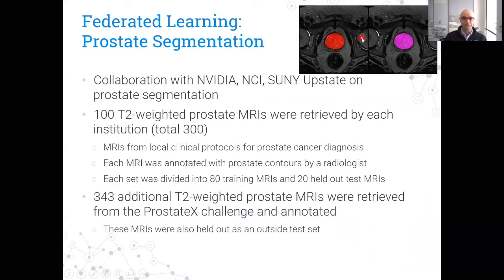And the goal of using this as a task was really to minimize any concerns about having to share intellectual property if we discovered a state-of-the-art algorithm, and also because there's lots of data available to do it. And so we took 100 T2 weighted prostate MRIs from each institution. So we had a total of 300. The MRs were using local clinical protocols for prostate cancer diagnosis.